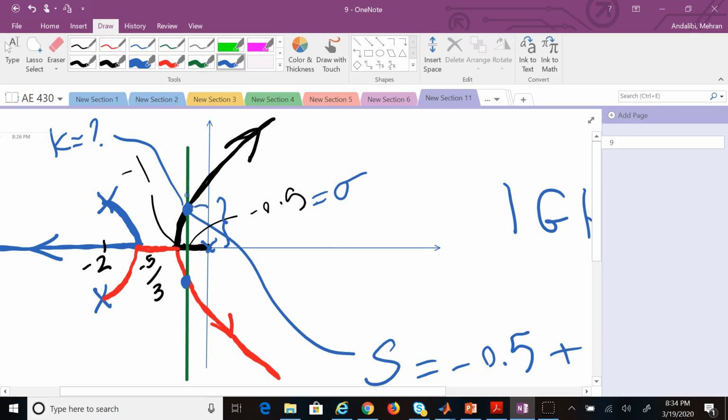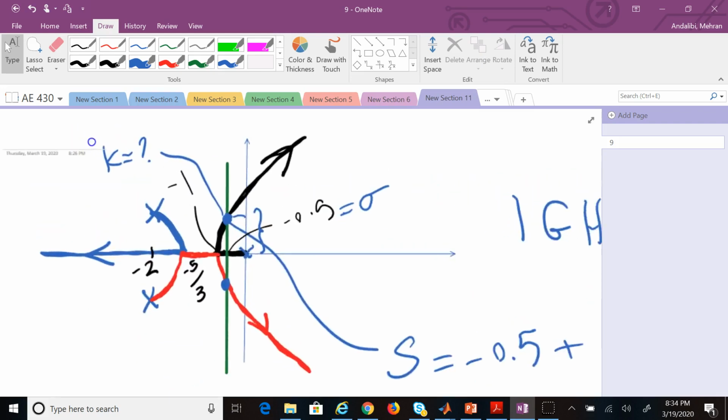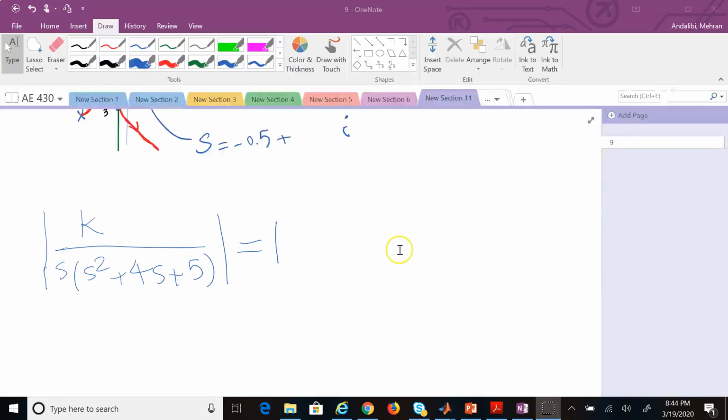So do you have any guess? What do you think we can do to get this going, right? Because we need omega. And how can we find omega? So okay, let's continue.